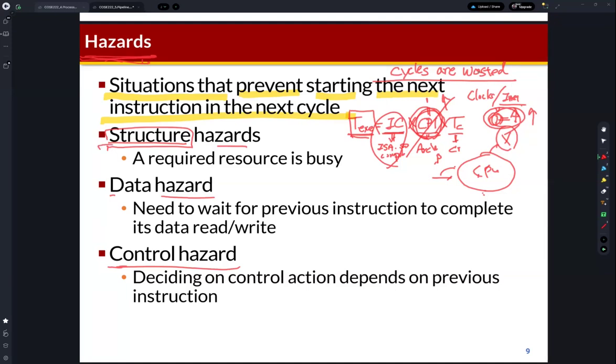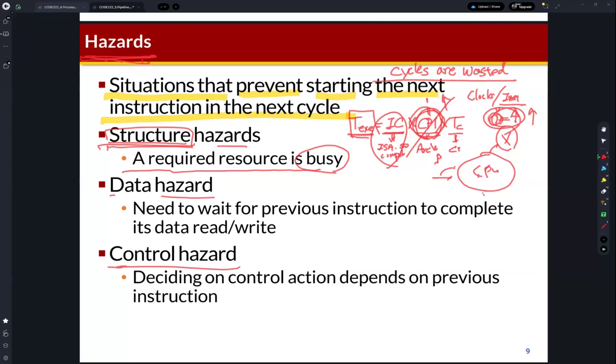Anyway, a structure hazard is caused by the lack of hardware resources. It means a required resource is busy, so the instruction cannot be given to that hardware component. If the instruction is given to the target hardware component, clock cycles are wasted because this instruction needs to wait until the target hardware is available.